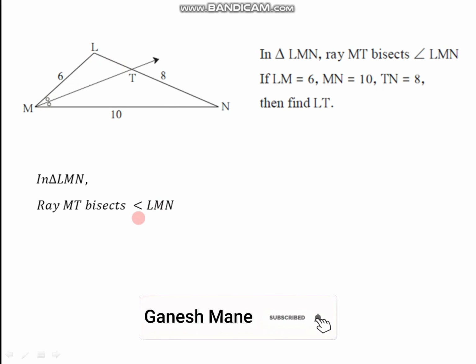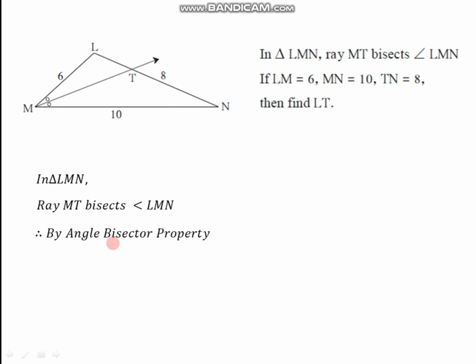So again here we have to use the angle bisector property, and by that we have two sides of the angle, LM and MN. That means if we take the ratio of LM and MN, that would be equal to LT divided by TN. We have LM by MN is equal to LT divided by TN. We have the length of LM, that's 6, divided by length of MN, which is 10, equal to LT we have to find, so we'll keep that as it is, divided by TN, which is 8.